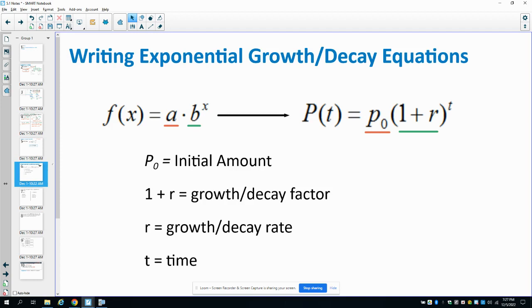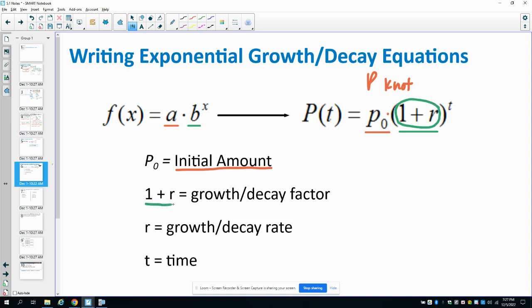All right, then as we write exponential growth and decay function, so this is kind of the simplified version, a times b to the x. So when we're talking about growth rates, you'll sometimes see it more like this. And so this p sub 0, or it's said p naught, that's your initial amount. The number multiplied outside the parentheses is your initial amount. And then this whole number in here, this 1 plus r, this is your growth factor.